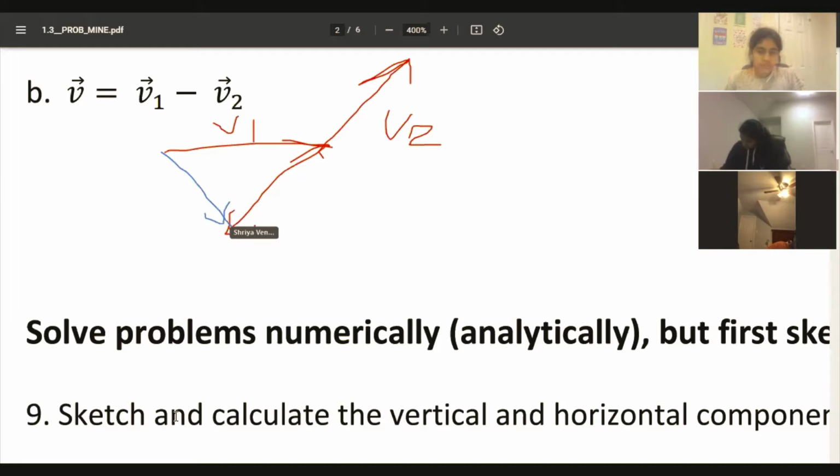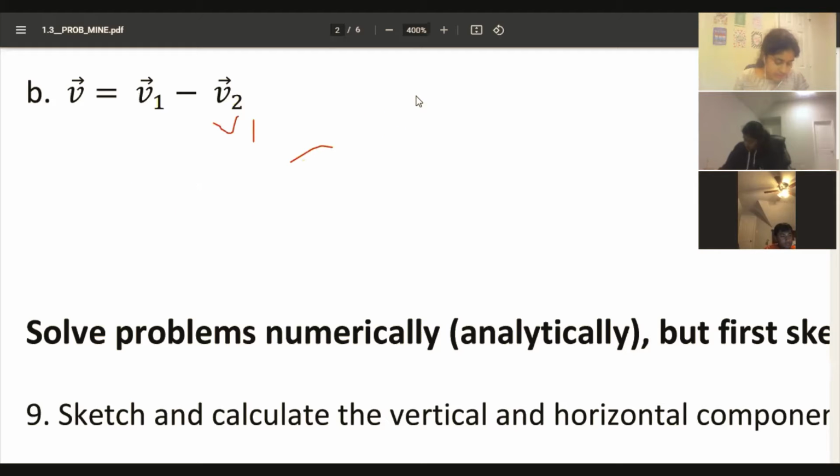And here it's a little bit difficult to find the value of your resultant vector, but you would have to implement the Pythagoras theorem by adding an extra triangle that makes this look like a right triangle, which makes it easy to figure out what V1 minus V2 is as a value, since you're already given that V1 is 3 meters per second and that V2 is 4 meters per second. So this is just an overview of how you would solve these types of questions. And yeah, I think we can move on to the next question.